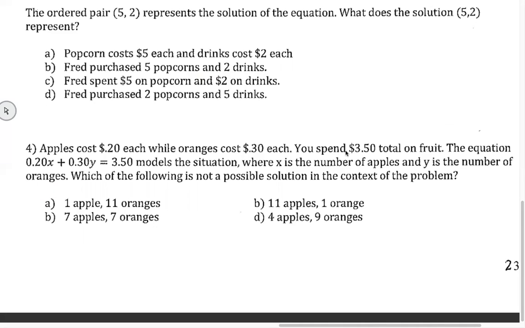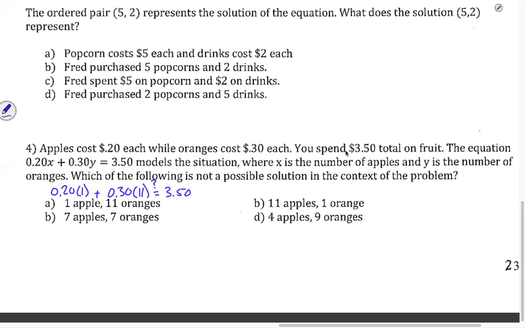Meaning, when I plug these numbers in, which one does not balance out the 3.50? So 1 apple means I'm going to do 20 cents times 1 plus 30 cents times 11. And I'm asking, does that equal 3.50?